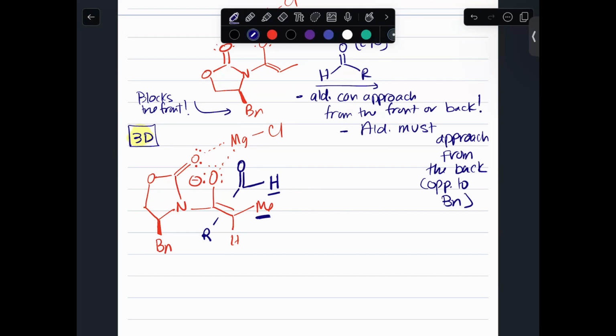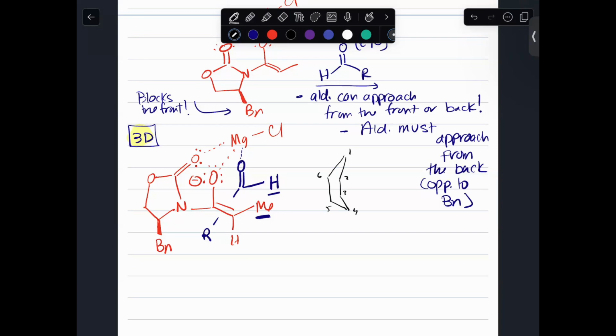Okay. My carbonyl oxygen also coordinates to my magnesium. And I'm hoping that you can start seeing the boat conformation. To remind you, this is the conformation that we kind of want to see. My boat conformation. It's still 6 atoms.